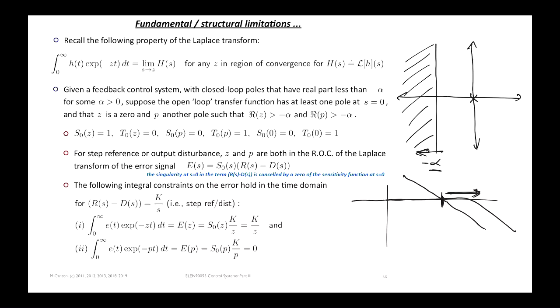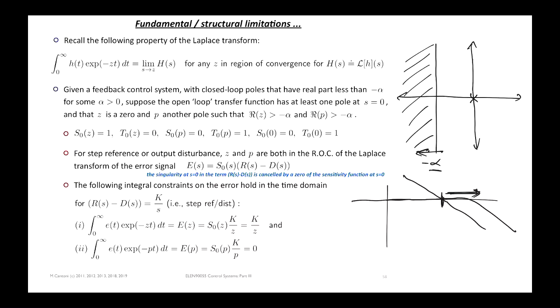This is just the Laplace transform of E, evaluated at S equals P. We've verified that P is in the region of convergence when the input is a step. By definition, that will correspond to this, but we know that S at P is equal to 0, so that gives us this constraint here.